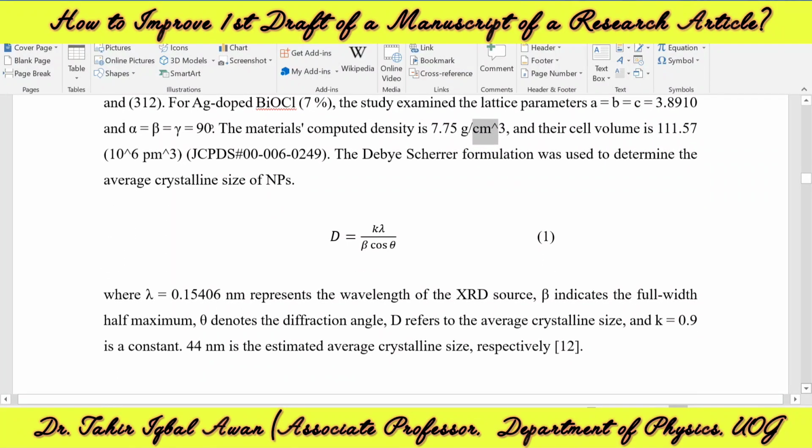And over here, you see the Debye-Scherrer formula. That formula must have some reference. And surprisingly, once this formula has been used, the student has calculated the crystallite size, that is 44 nanometer.